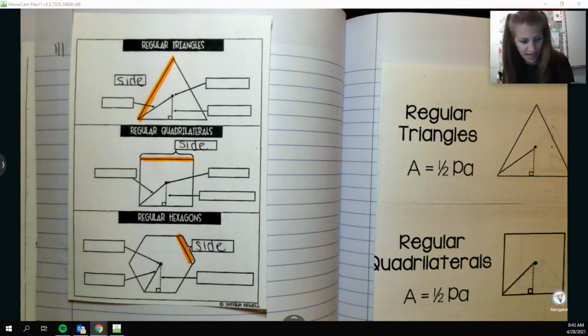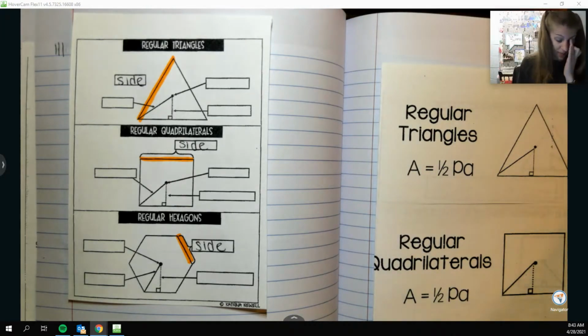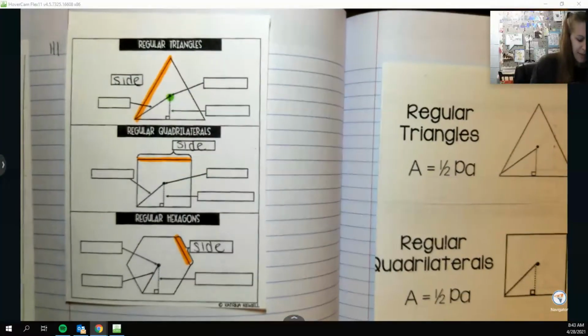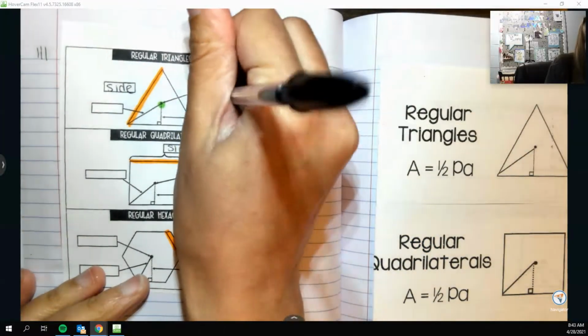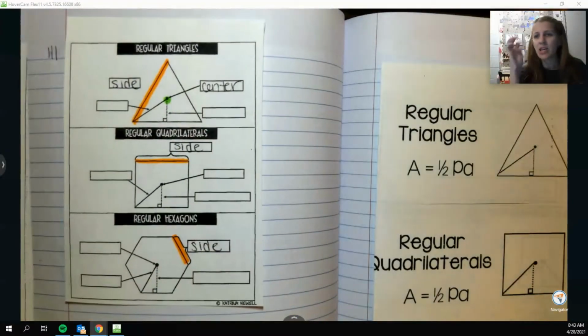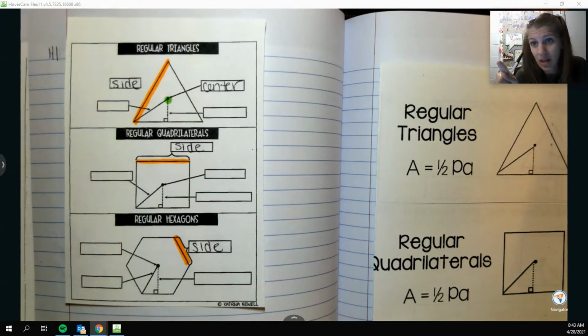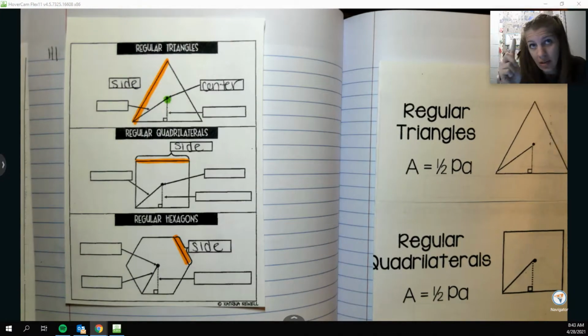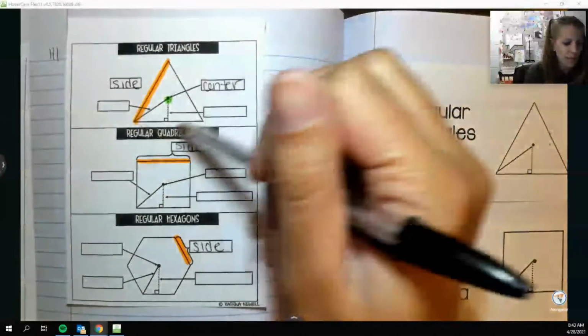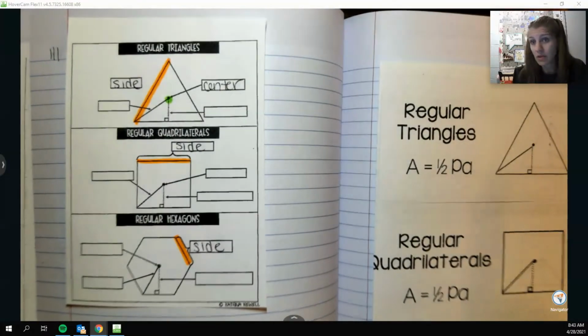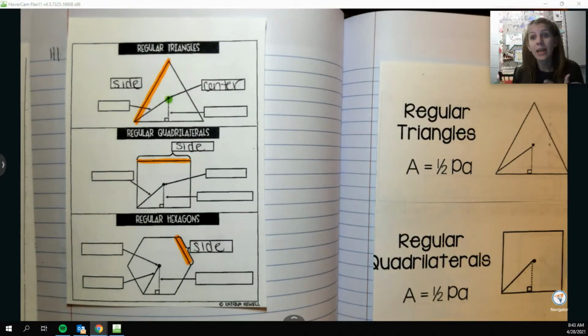Another thing that we need to identify is something called the center. So this right here is the center of my shape. You want to think about a circle being around it, and it's the center of a circle, except I get rid of the circle and I have a triangle left. It's also the center of the triangle if it's regular, because a regular shape will fit inside of a circle perfectly.